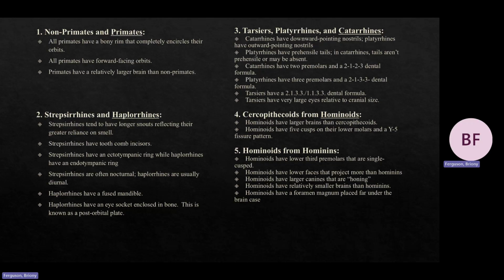Now, between cercopithecoids and hominoids, hominoids tend to have relatively larger brains than cercopithecoids, as well as having 5 cusps on their lower molars and a Y5 fissure pattern. Now, you can look this up, but essentially it just means that in the middle of a molar, there is kind of a Y shape that you can see, and it's what helps divide that molar up into 5 cusps.